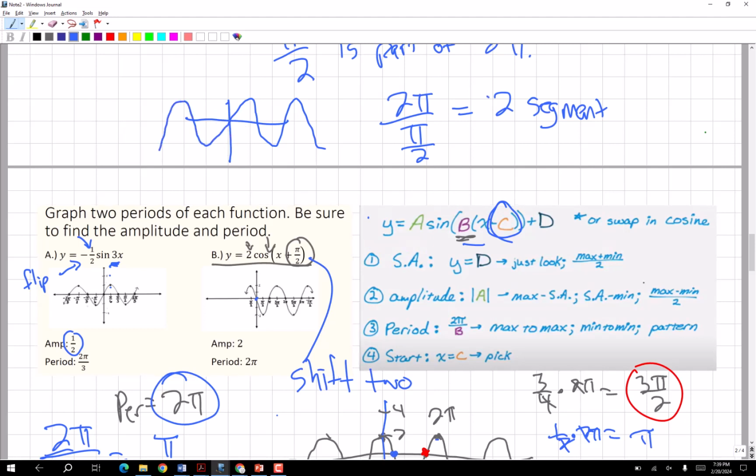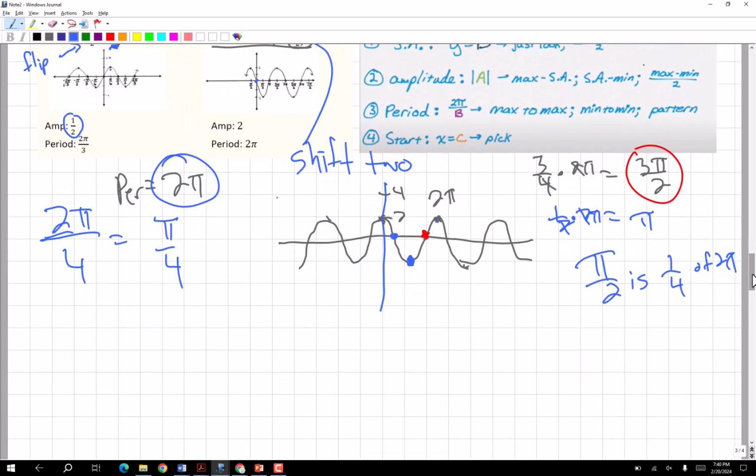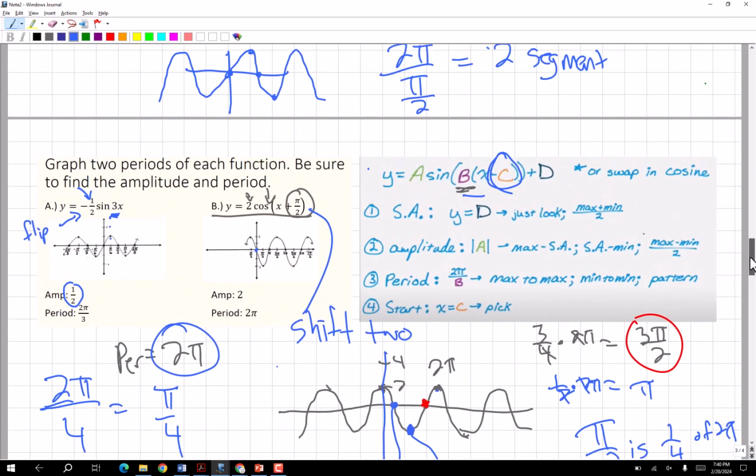If I'm doing this, you see how part 1, part 2, part 3, part 4. Because pi over 2 is 2 parts of it. You see how pi over 2 was 2 parts of it? This was pi over 4. This was pi over 2.